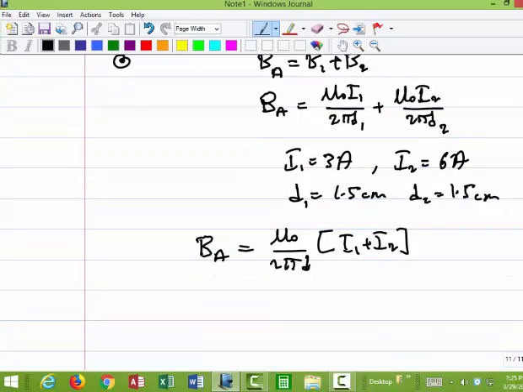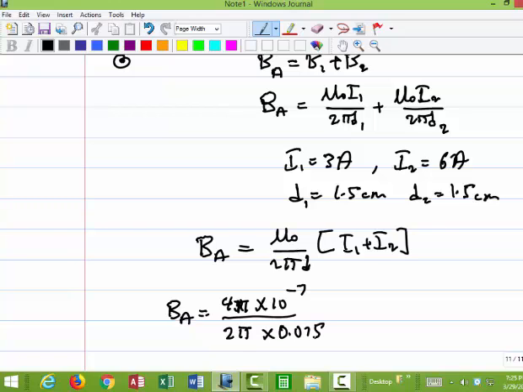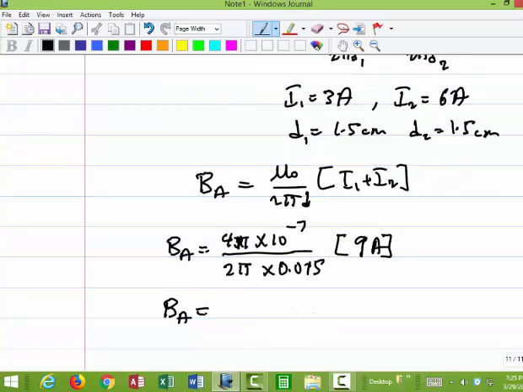So mu naught we said was equal to 4 pi times 10 to negative 7 divided by 2 pi times 0.015. Remember that this should be all in meters, and then you add 6 plus 3, this is 9 amperes, like that. So the field at that point A is the sum of those two fields.